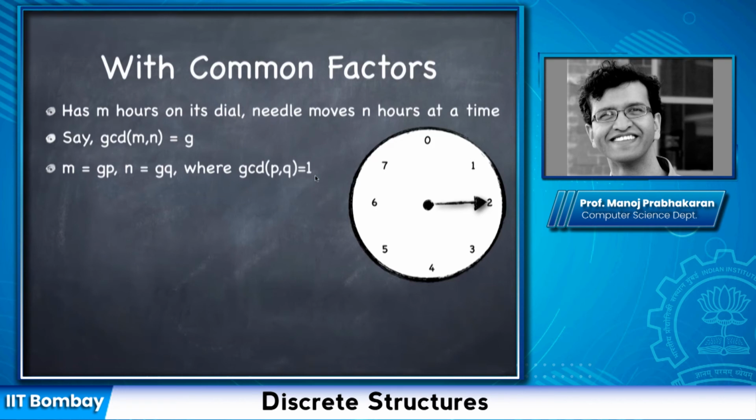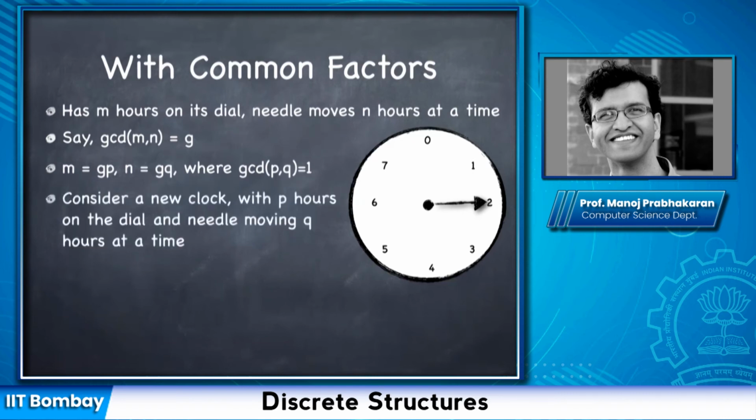Okay, so let's write that down. And now I'm going to look at a new clock with this p and q instead of m and n. So it has p hours on the dial, and the needle moves q hours at a time. Okay, so it's a smaller clock, presumably.